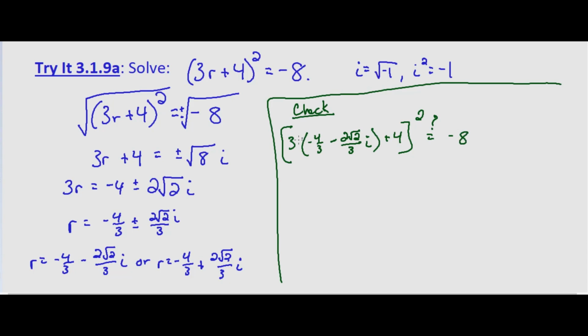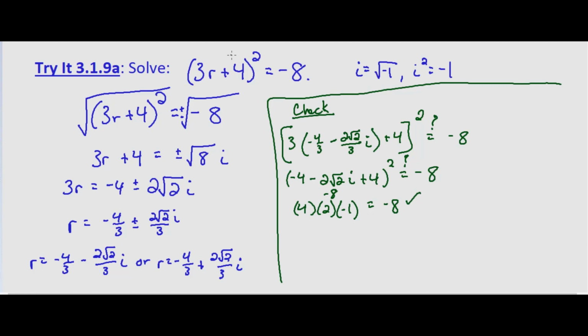So this looks like a complicated mess, but if we multiply through by 3 into the parentheses, we end up getting (-4 minus 2 times the square root of 2 i plus 4) being squared. Again, does that equal -8? -4 plus 4 is 0, so (-2) squared is 4. The square root of 2 squared is 2. i squared is -1. Does it equal -8? It does, because 4 times 2 is 8 times -1 equals -8.